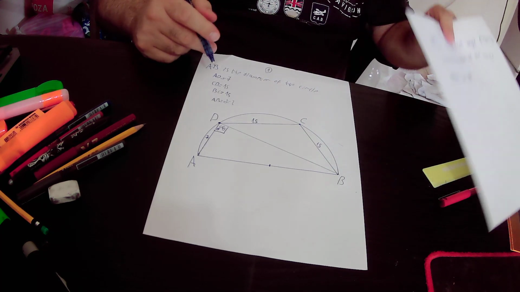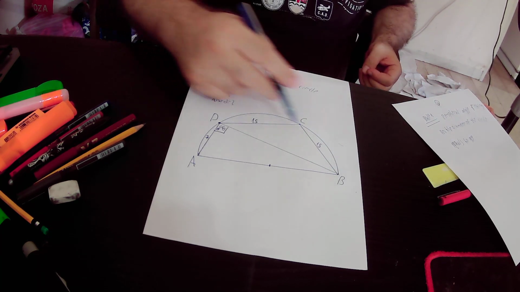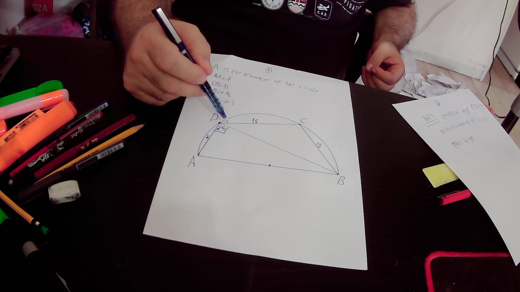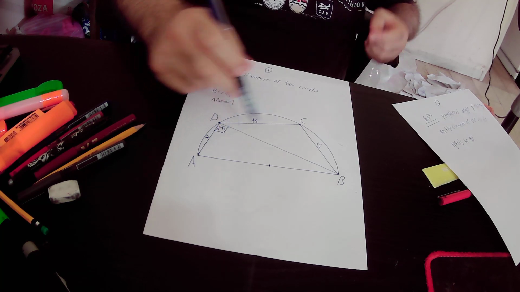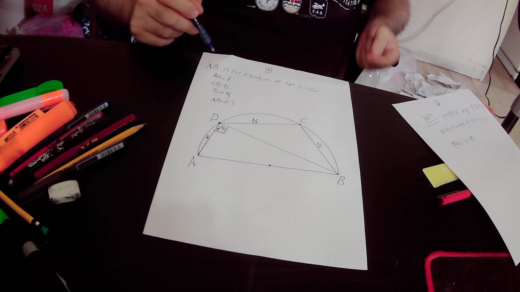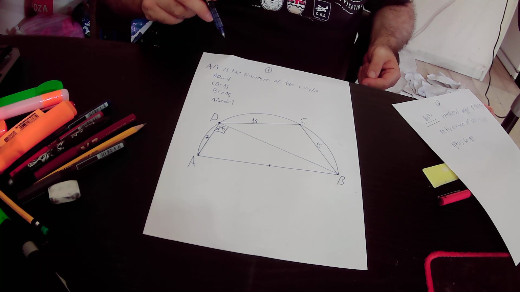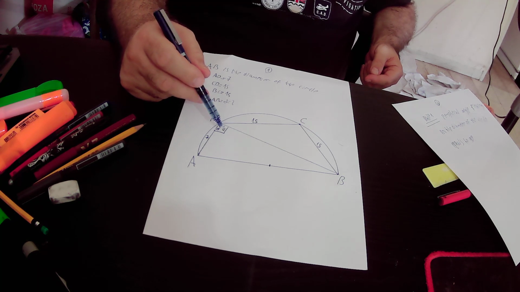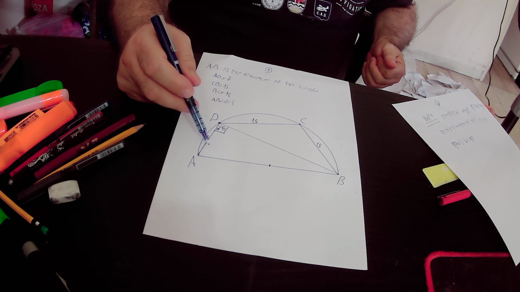So actually, angle ADB is a peripheral angle, and this angle rests on AB, that is the diameter of the circle.